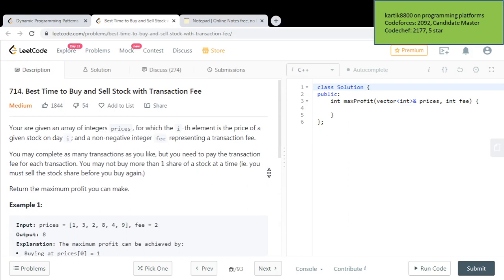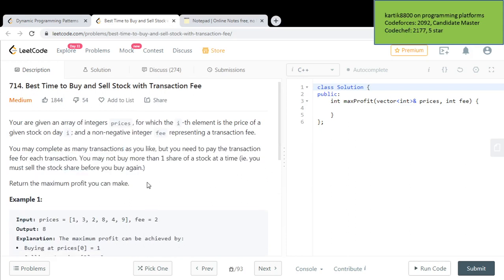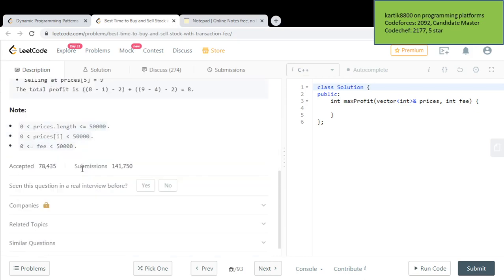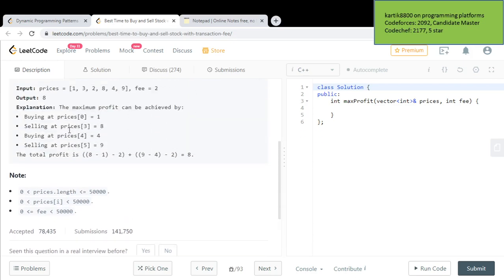How do I make the maximum possible benefit in such a case? You may complete as many transactions as you like, but you need to pay the transaction fee for each transaction. And as said, a transaction is basically buy and sell. So for one buy and sell pair, you will pay the transaction fee once. The constraint is that the maximum number of days is 50,000.